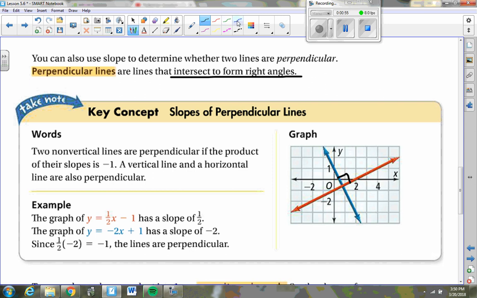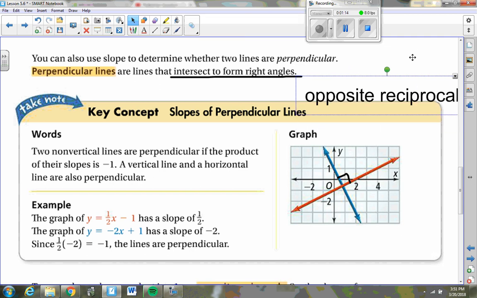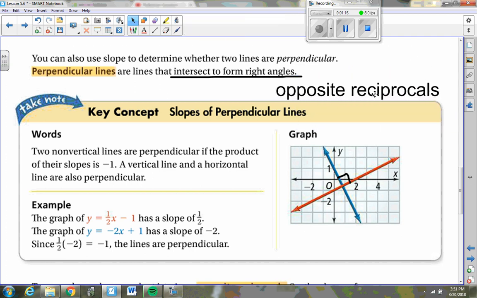So the first thing we have to understand is the slopes of perpendicular lines. They have a special relationship that's called being opposite reciprocals. Slopes of perpendicular lines are opposite reciprocals. That means two things.